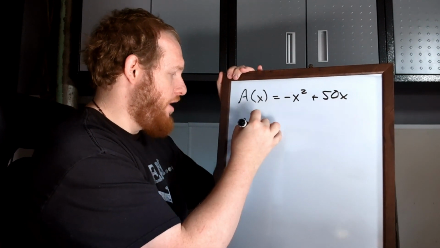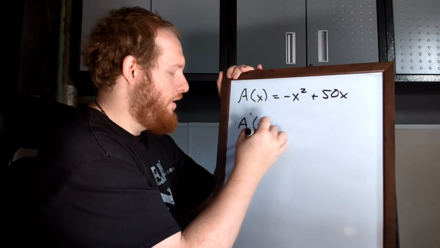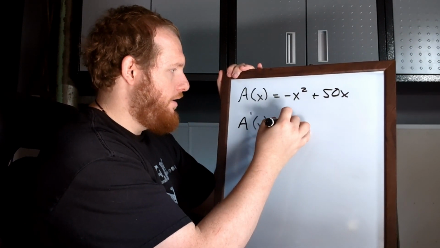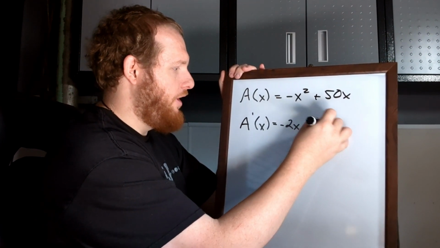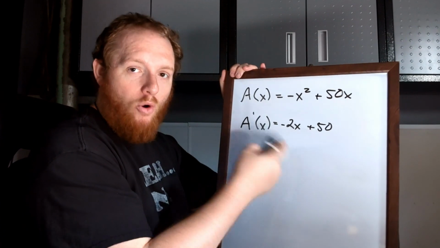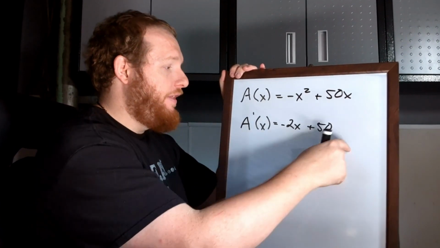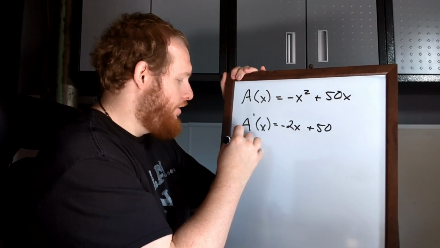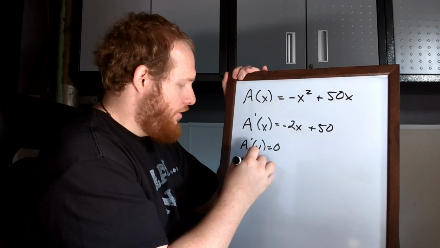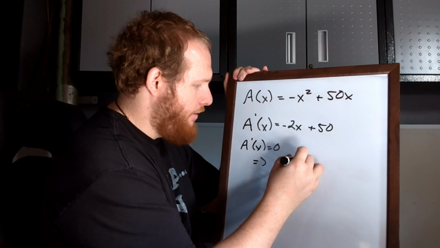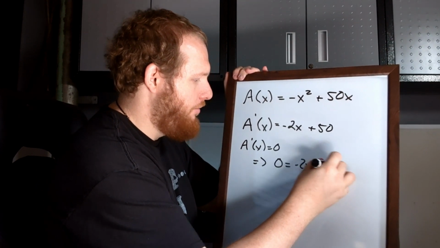So A prime, the first derivative of x, would then be negative 2x plus 50. And a minimum or maximum value occurs when the derivative equals 0. So that would imply that 0 has to equal negative 2x plus 50.